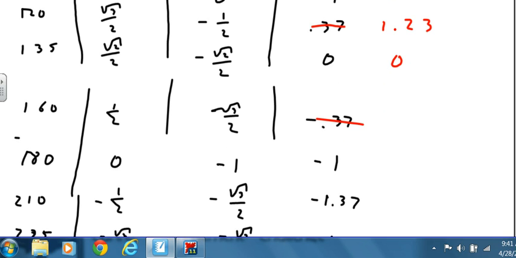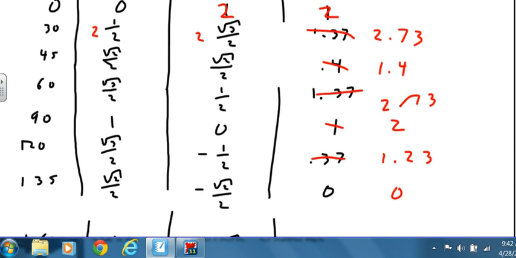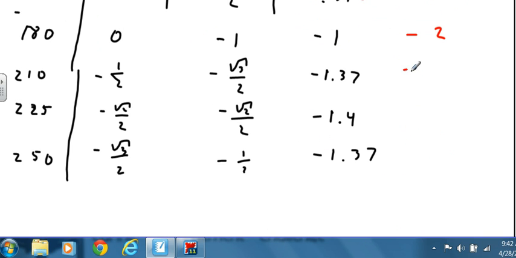Minus the square root of 3 plus a half, minus 1.23 minus 2, 2.73, and so on.